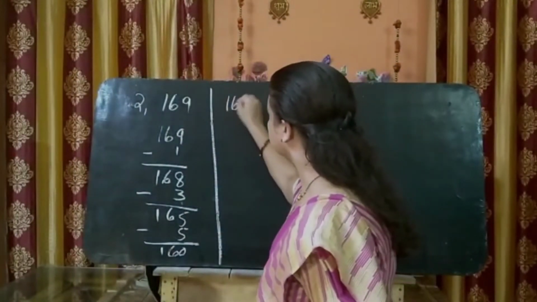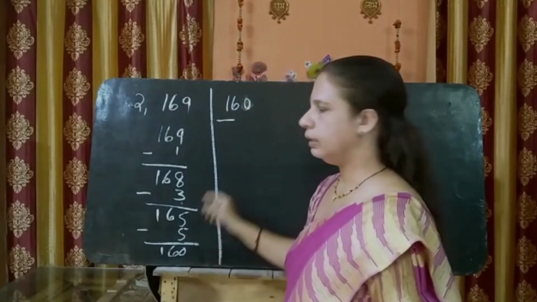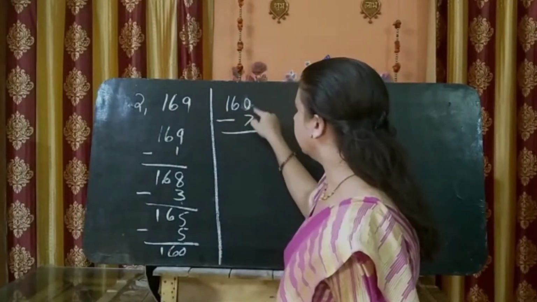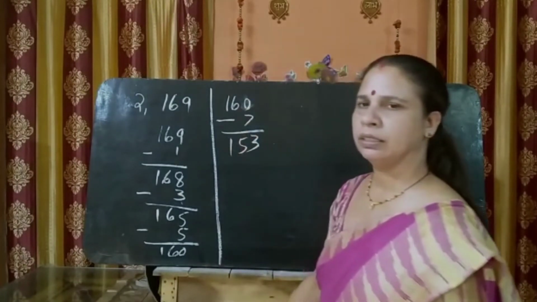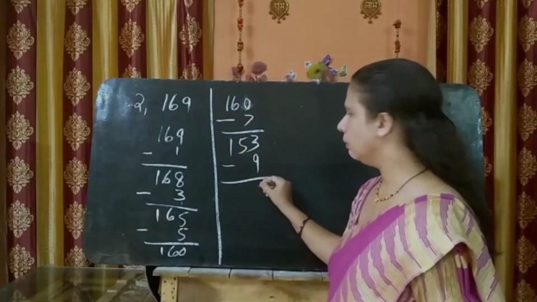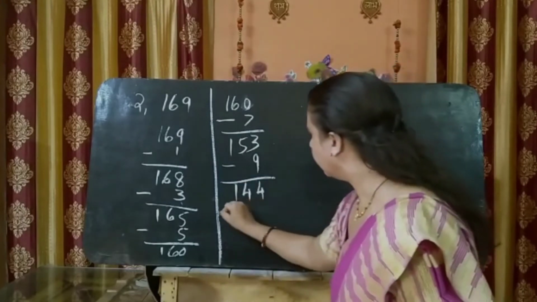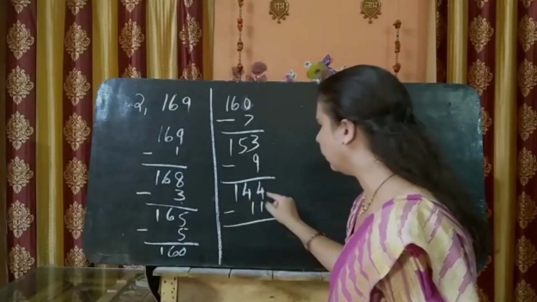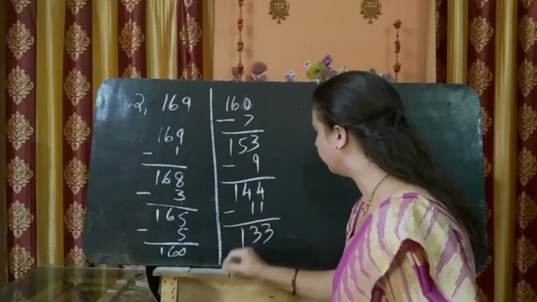Next 160 minus next odd number 7, 153. Next odd number 9. 153 minus 9, 144. Next odd number is 11.